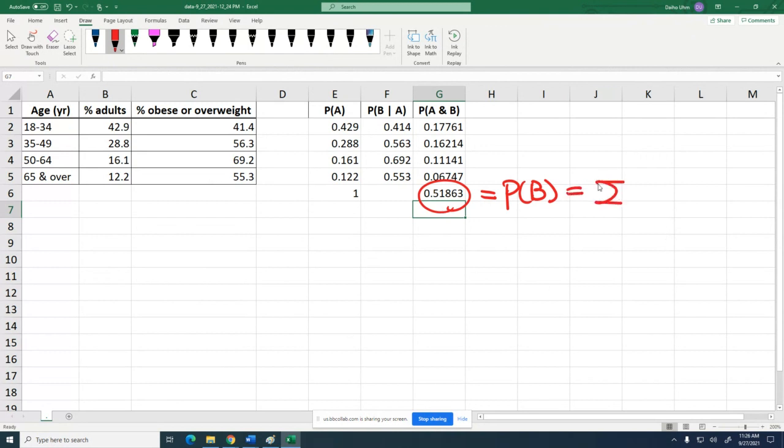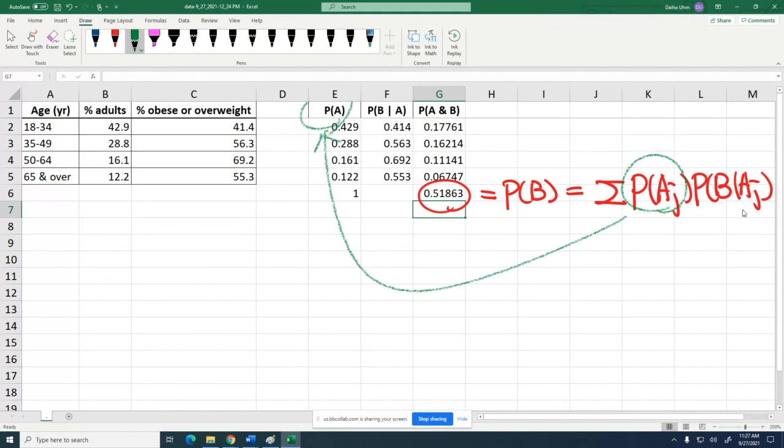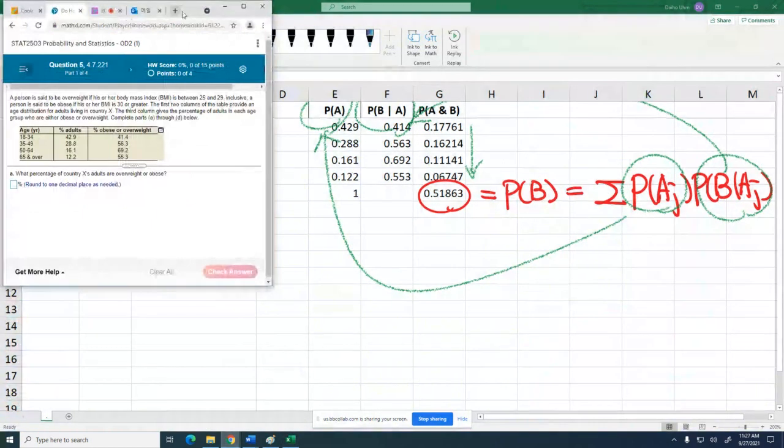Which was the summation of the probability of A_j times B given A_j. The A_j's are here, the conditional probabilities are over there, and the multiplication is here, right? So the probability of B is the sum, 0.5186. Okay, so let me go back to question number 5 in the homework.